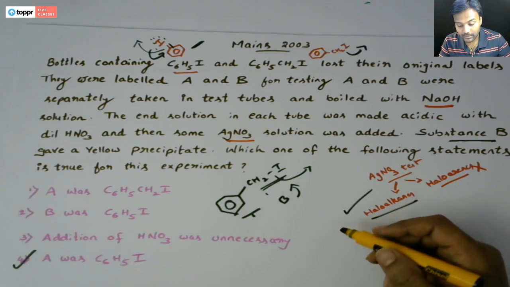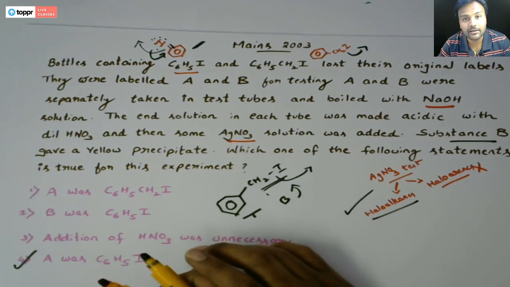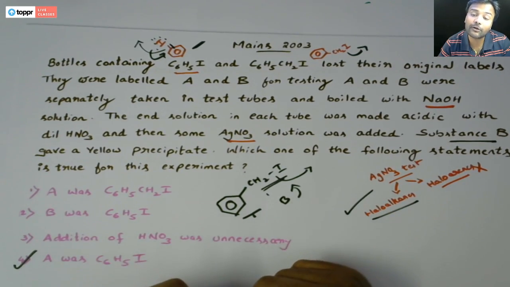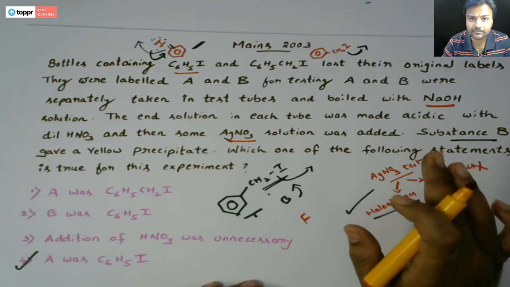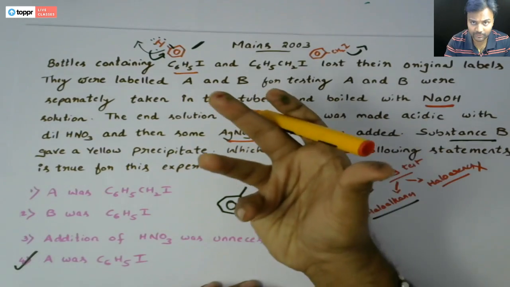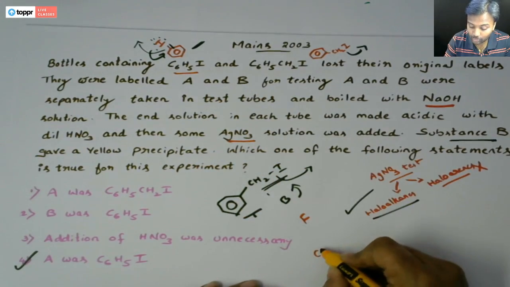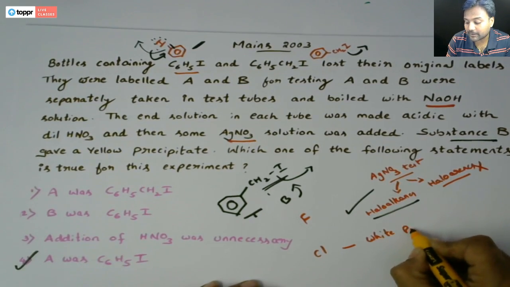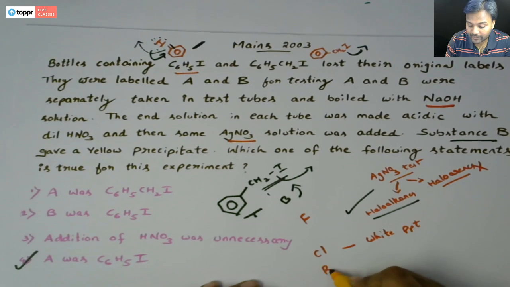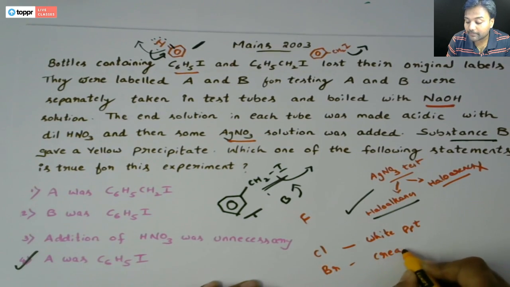Now, with the help of the silver nitrate test, you can identify the halogen by the color of the precipitate. For example, if you have fluorine, it does not give any precipitate, it just forms a solution. If you have chlorine, it forms a white precipitate. If you have bromine, it gives a cream precipitate.